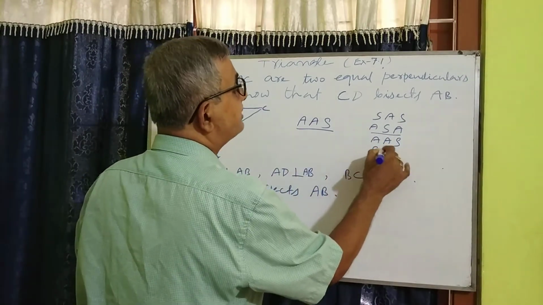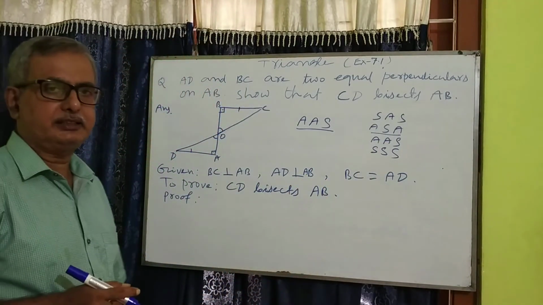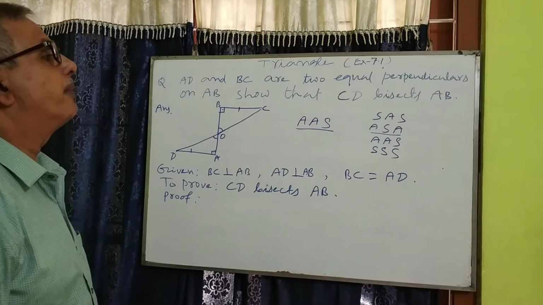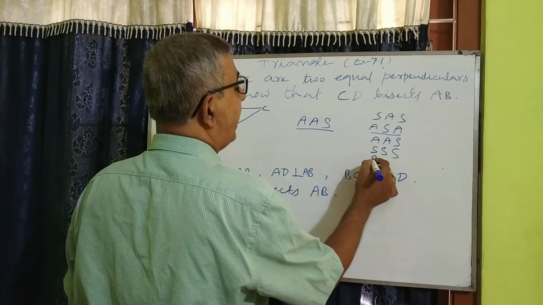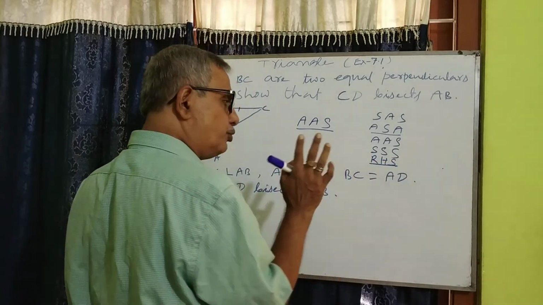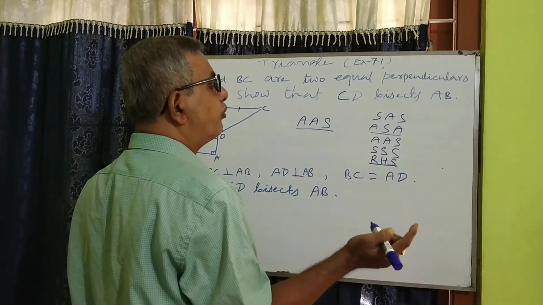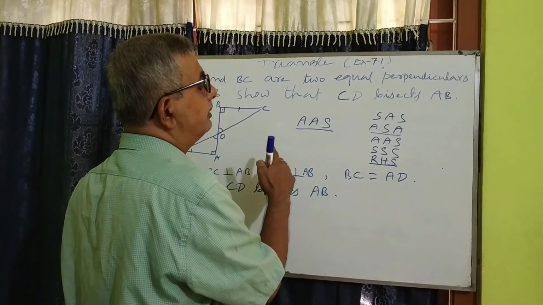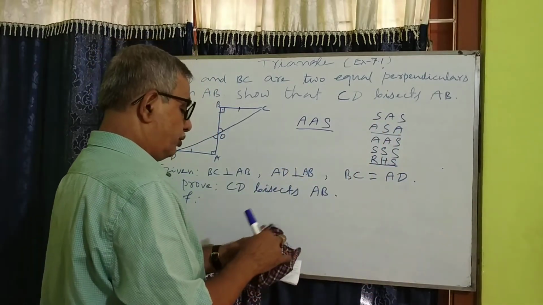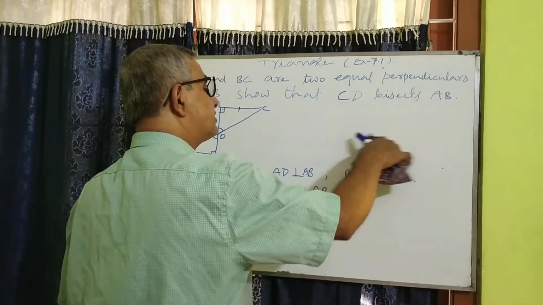And after that, side, side, side: if three sides of one triangle are equal to the three sides of another triangle, then also the two triangles are congruent. These are the things you have to remember. And one more is there: right angle, hypotenuse, side. In two right angle triangles, the hypotenuse will be equal, and one remaining side of one will be equal to one side of the other. Then also the two triangles are congruent.